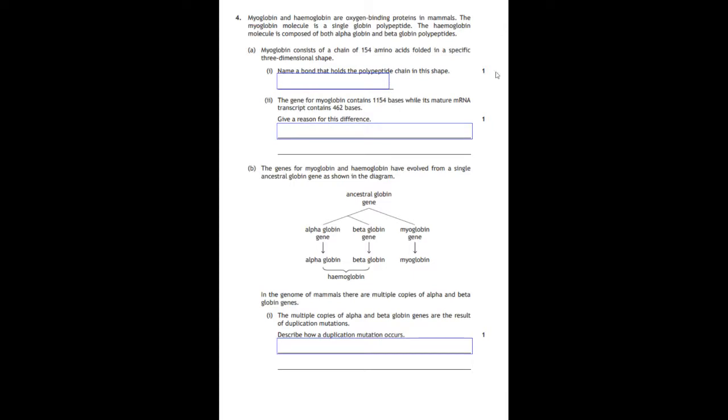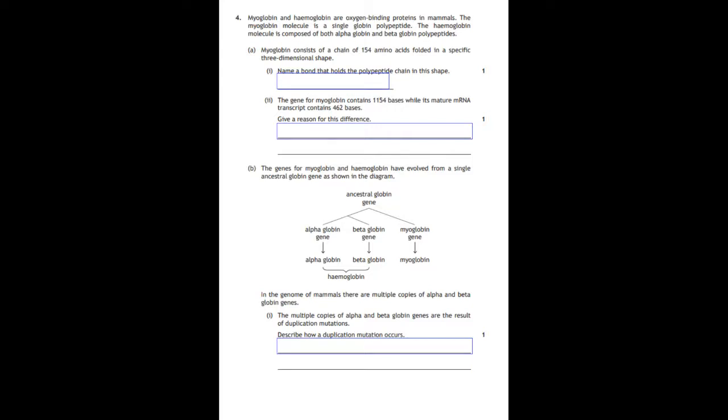The bond that holds the polypeptide chain in shape, so remember you've got your primary structure and then it folds by the hydrogen bonding, holding that polypeptide in shape. The gene for myoglobin consists of 1154 bases, while its mature mRNA consists of 462 bases. How come?